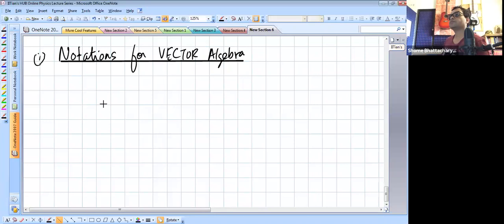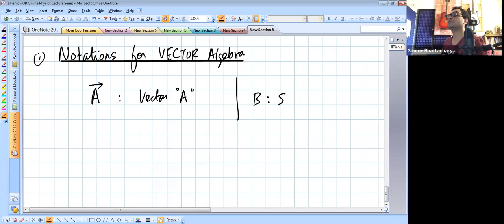For notation, if we use any alphabetical symbol with an arrow on top, the arrow represents the vector symbol. So this is read as vector A. The physical quantity that A is representing is a vector quantity. This is what the arrow on top means. Whereas if we just use the symbol alone, from now on we will understand that this is a scalar quantity.